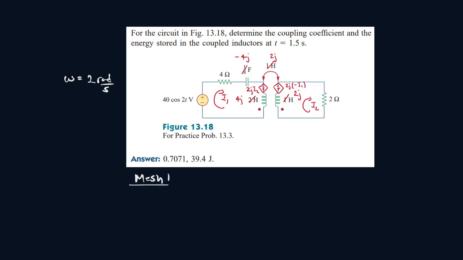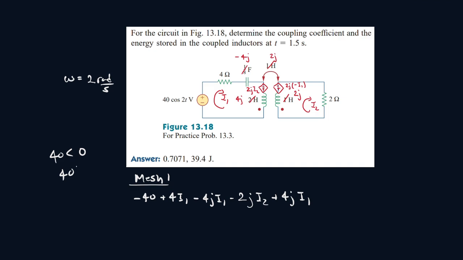it's going to be, okay, so this is pretty much 40 phasor 0, so it's just 40 degrees. So it'll be minus 40 plus 4I1 minus 4J I1 minus 2J I2, plus 4J I1.